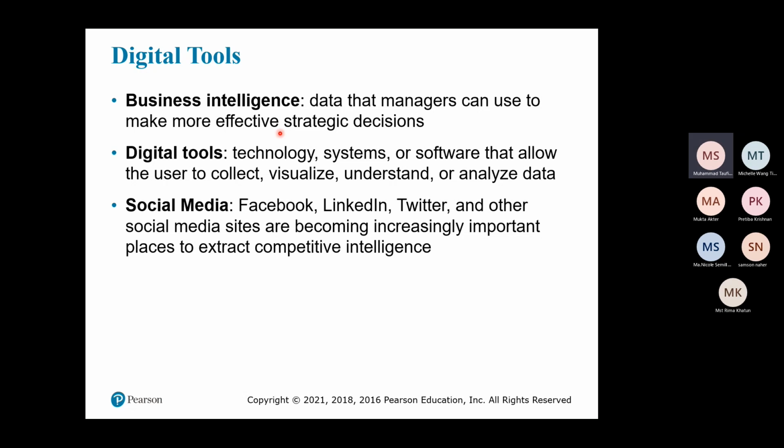And then we can also use digital tools, any technology, system or software that allows the user to collect, visualize, understand and analyze data. So this is one of the digital tools that you can use.